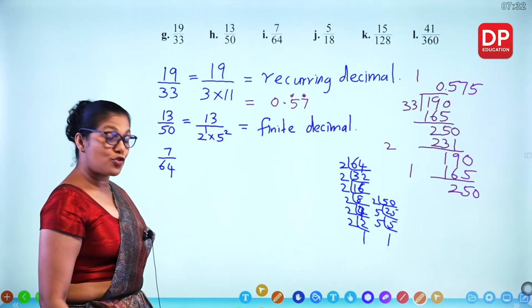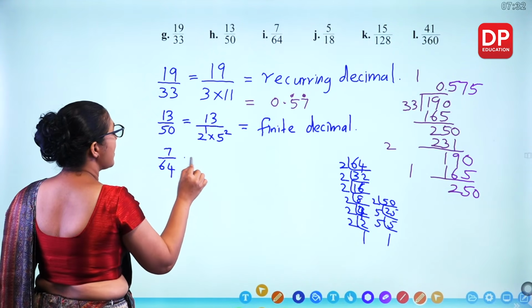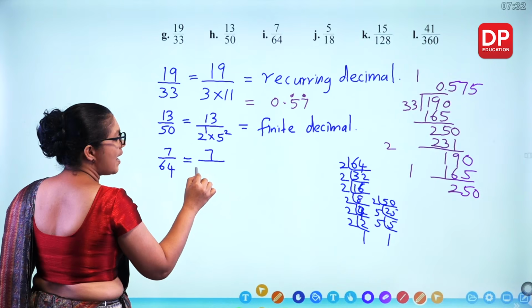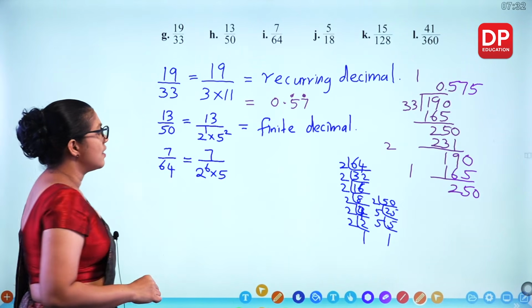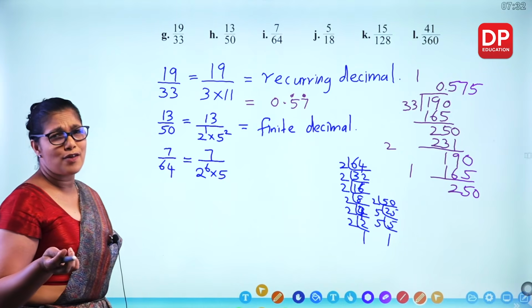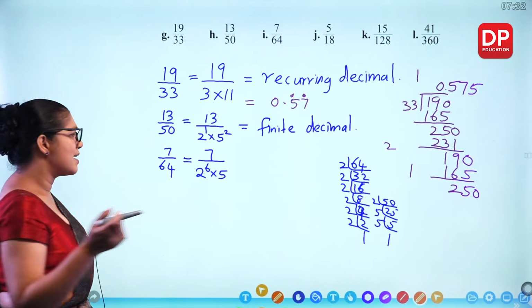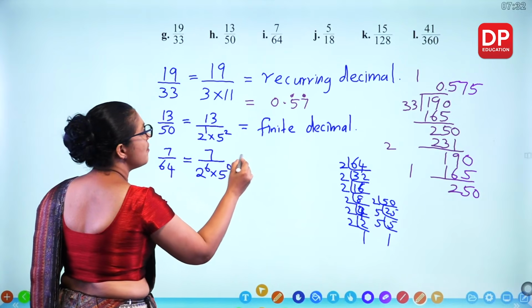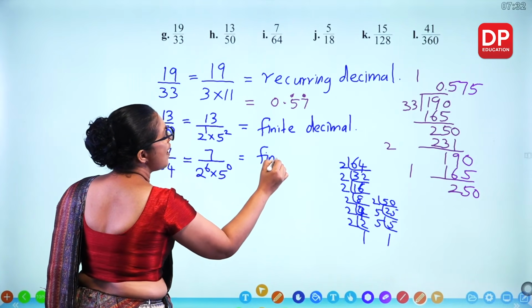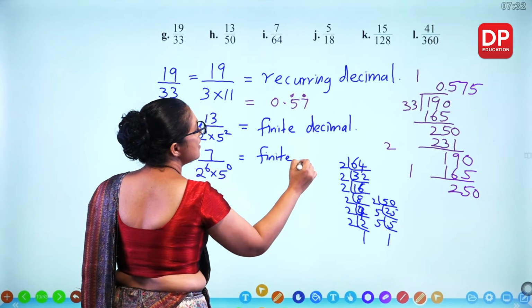How many 2's? 2 to the power 6. I can write 64 as 2 to the power 6. Instead of this one, I can write 5 to the power 0 because 1 is 5 to the power 0. You can write in this form. That's a finite decimal.